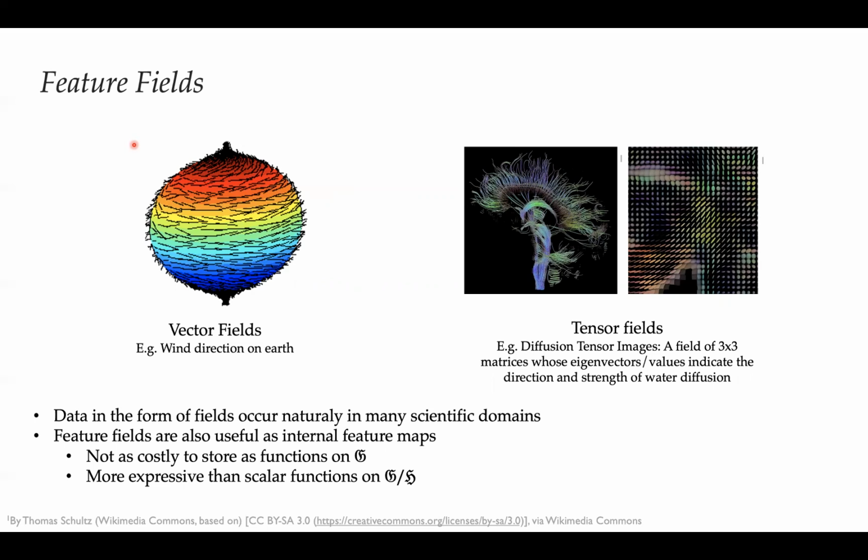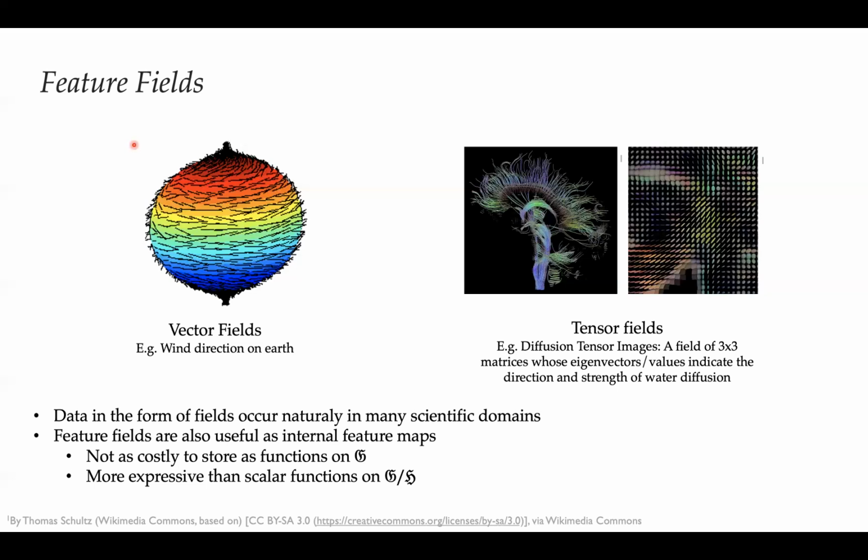Another nice example is tensor fields. They occur, for instance, in so-called diffusion tensor imaging. The word tensor is a fancy one, but here it basically just means a 3x3 matrix. A diffusion tensor image is typically a form of MRI, typically applied to the brain. What it measures, at each point in the three-dimensional space, is the diffusion in every direction, essentially.